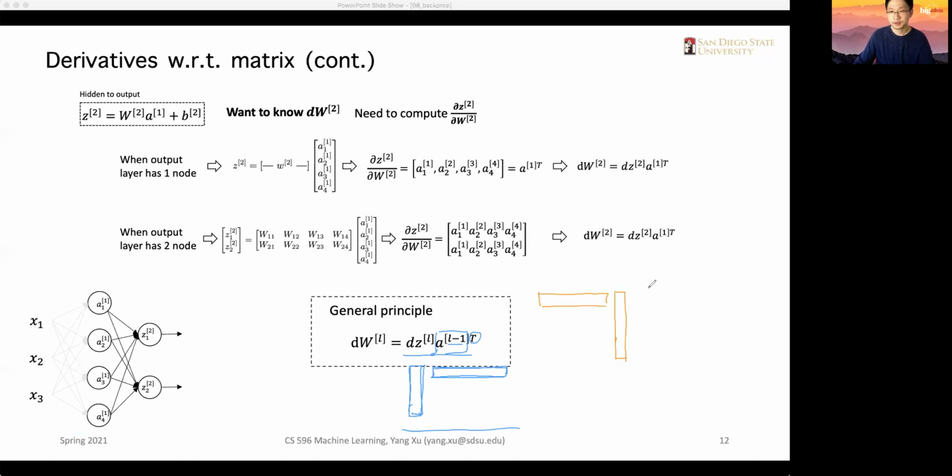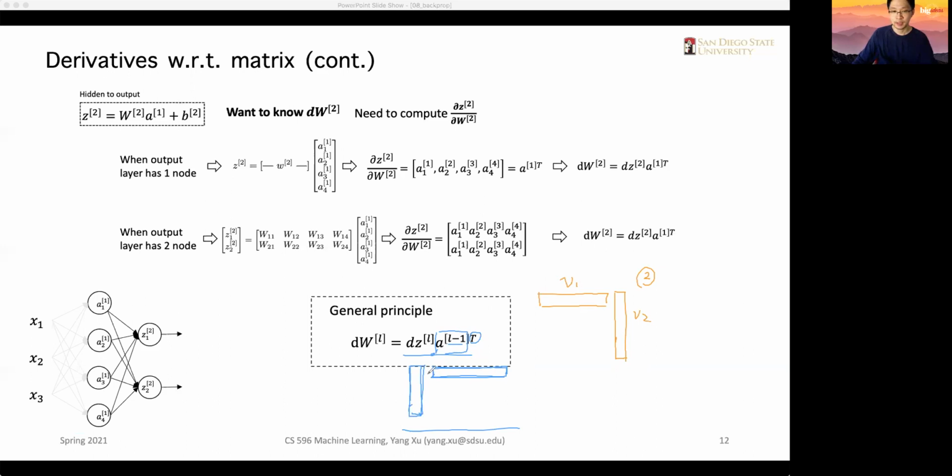So if it is case 2 here, when we compute the dot product between two vectors, then the sizes of these two vectors, v1 and v2, should match, right? So there should be an equal number of elements in v1 and v2.